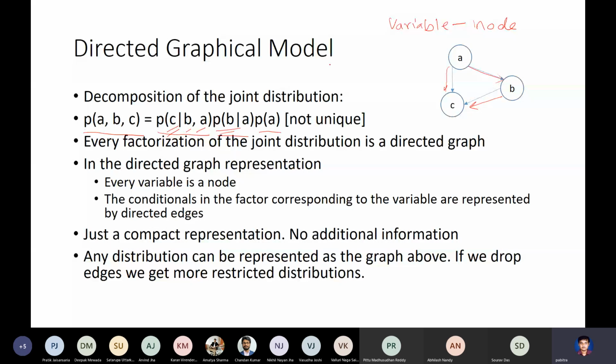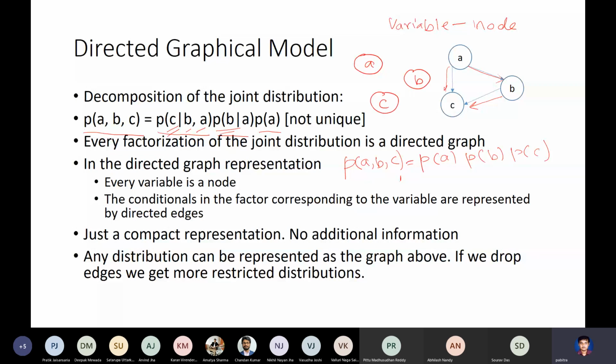You might notice one thing: since this is a general factorization which holds for any arbitrary distribution, you basically have every node connected to everything else. And for special cases of distributions, you may have some of these edges in the graph missing. For example, if it was an independence assumption, naive Bayes kind of thing, so if we had P(A,B,C) equal to P(A) times P(B) times P(C), these are the factors, and then you would have a totally disjoint directed graph.